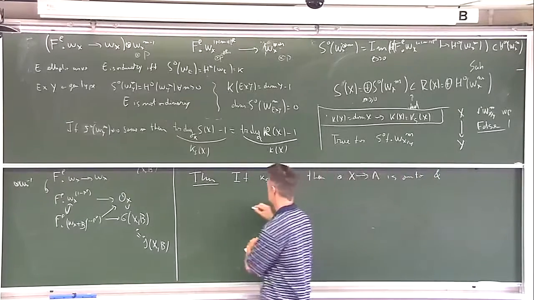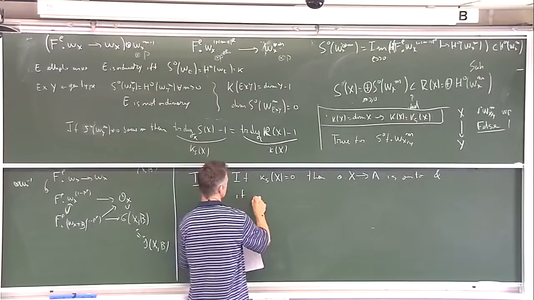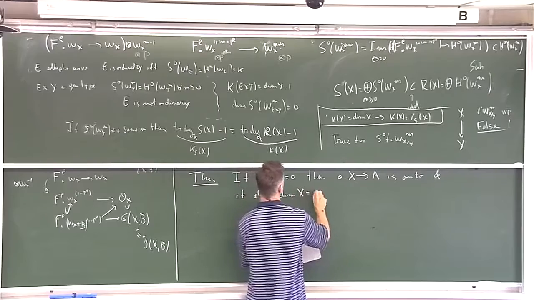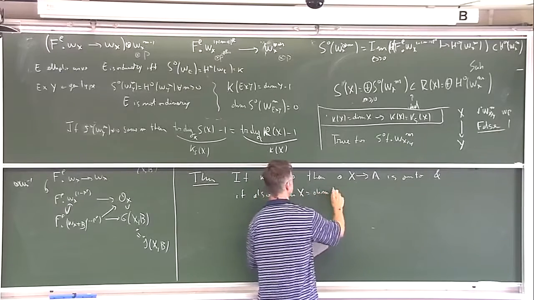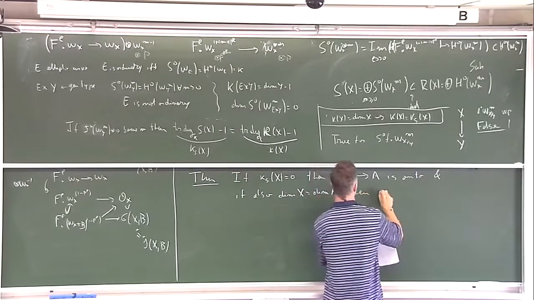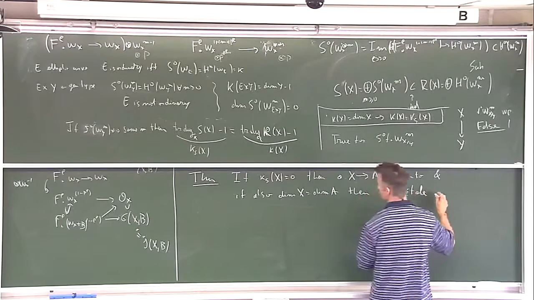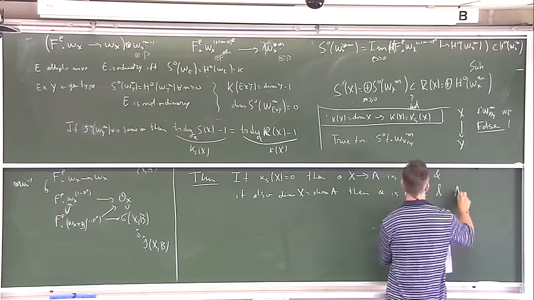And if also the dimension of X is equal to the dimension of the Albanese, then the Albanese map is birational and A is ordinary.